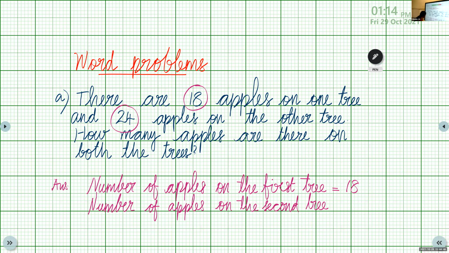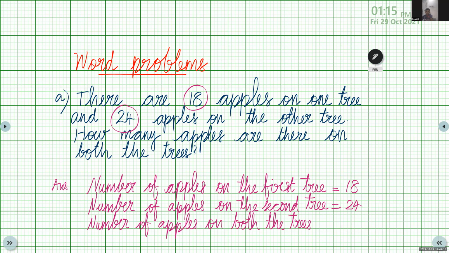So we can say number of apples on both the trees equal to 18 plus 24.